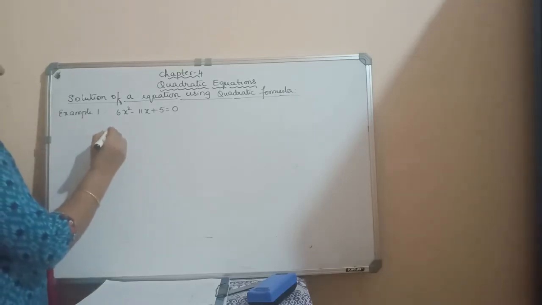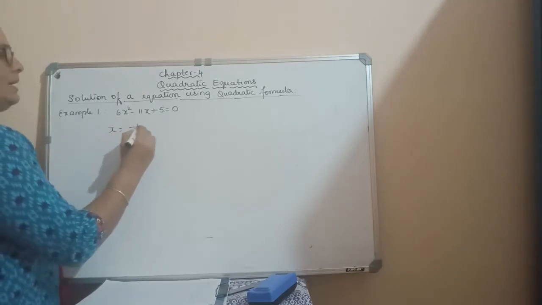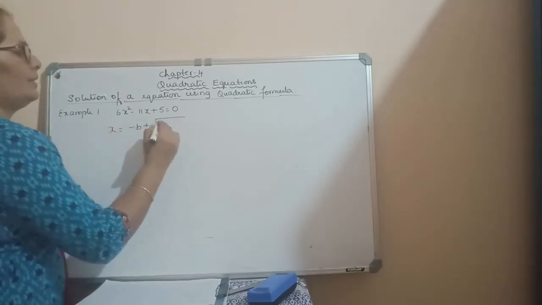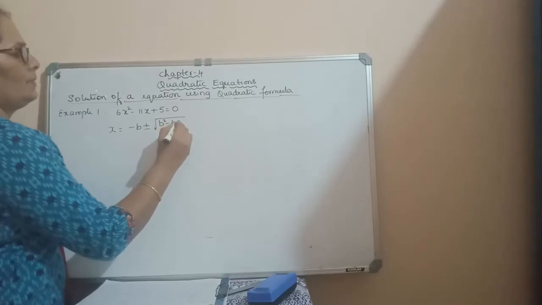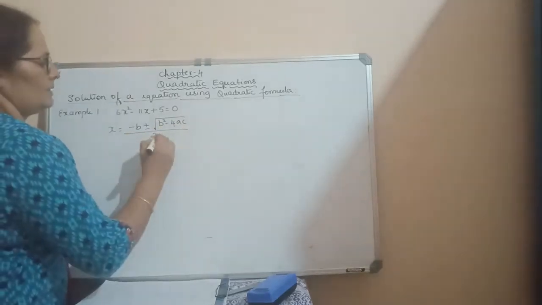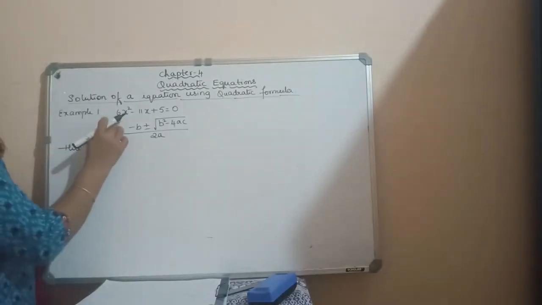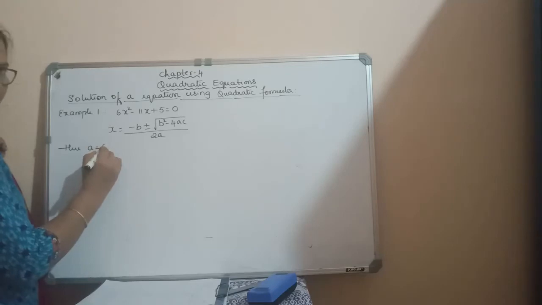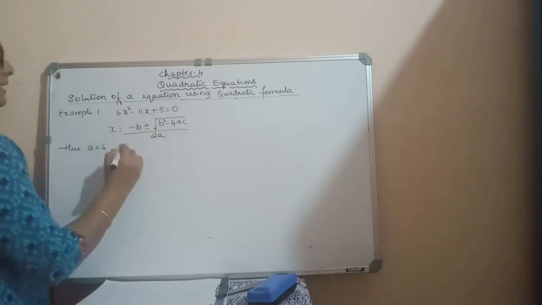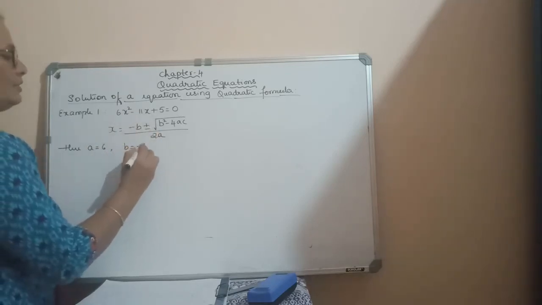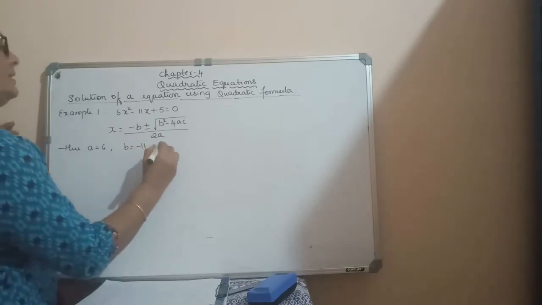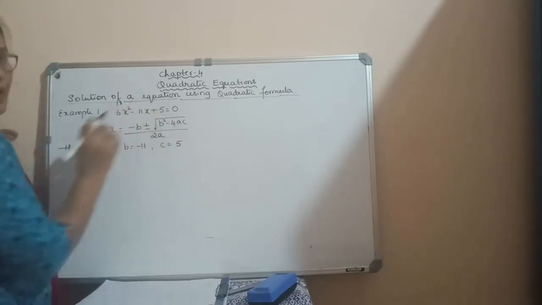So first we write the formula: minus b plus or minus root b square minus 4ac by 2a. This is the quadratic formula. Now here, what is a? a is 6, the coefficient of x square, b is minus 11, the coefficient of x, and c is the constant term, which is 5.